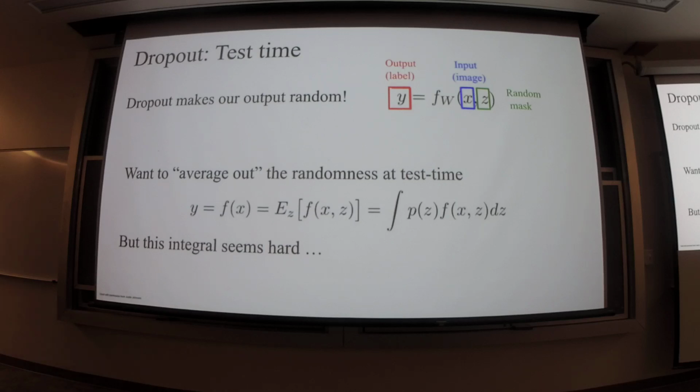Let's talk about this thing at test time. Another way to think about this is that dropout's making the output random, because we are randomly masking or choosing a subnetwork. And then at test time, what we want to do is sort of average out that randomness, right?